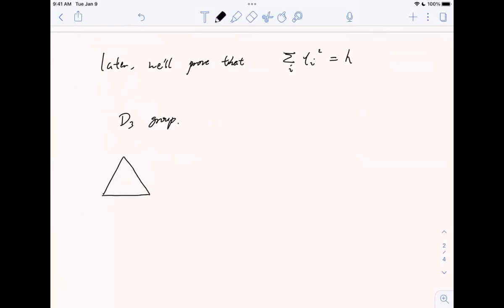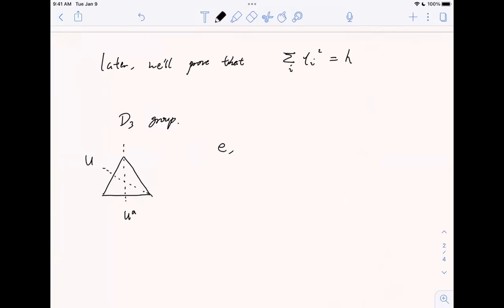Okay, so how many group elements? You have an E. My drawing here is not very good. So you have UA, rotation on A. I forgot which one is A, which one is B. Anyway, I hope you get it.